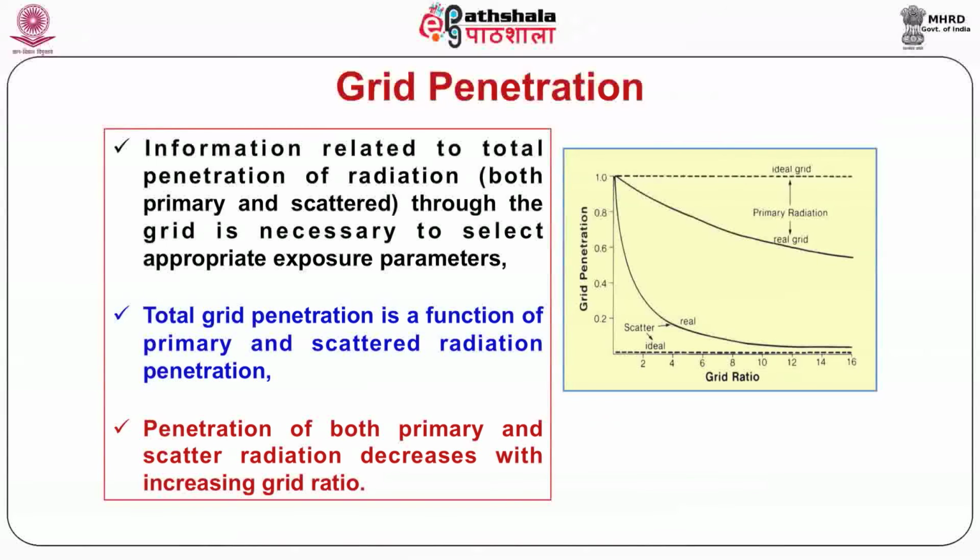Total grid penetration is a function of primary and scattered radiation penetration. The figure shows the relation between grid ratio and penetration of primary and scattered radiation. It can be seen that penetration of both primary and scattered radiation decreases with increasing grid ratio.